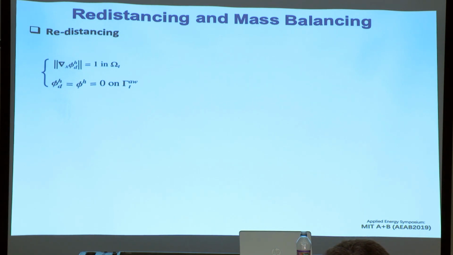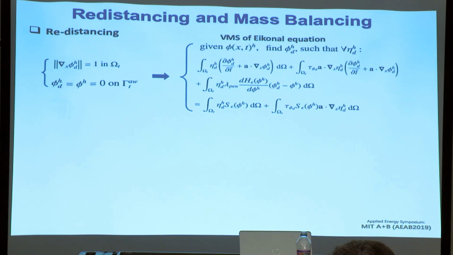Another thing you must include in your formulation for the level set is the so-called reinitialization, because your level set is convected by the velocity. After you simulate for a while, maybe the signed distance property of the level set field is no longer preserved.